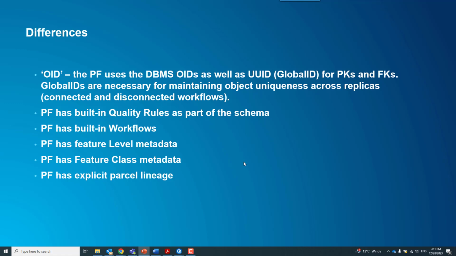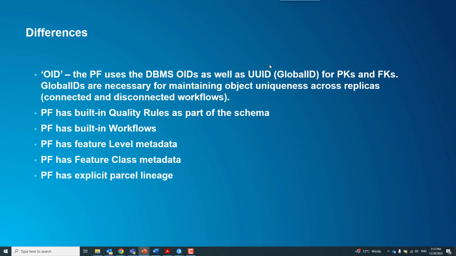Other differences. The OID is an object ID, and the Parcel Fabric uses the OID, the object ID from the DBMS, but it also uses a unique identifier, a universal unique identifier. We call it global ID, or it's sometimes called UUID, for both the primary keys and the foreign keys.